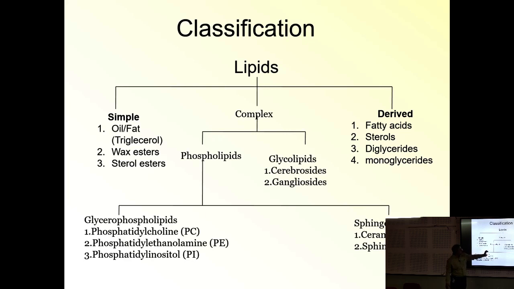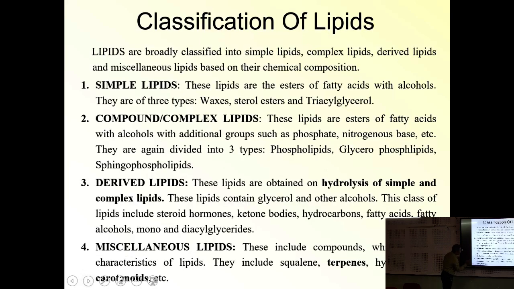Sterols, monoglyceride, diglyceride, triglyceride, there are MGDG, DGDG, that I will teach you later on. So the classification of lipid is simple lipid, complex lipid and derived lipid. Complex lipid is also classified into two, phospholipid and glycolipid, then the phospholipid is further classified. So these are the classifications of lipid.